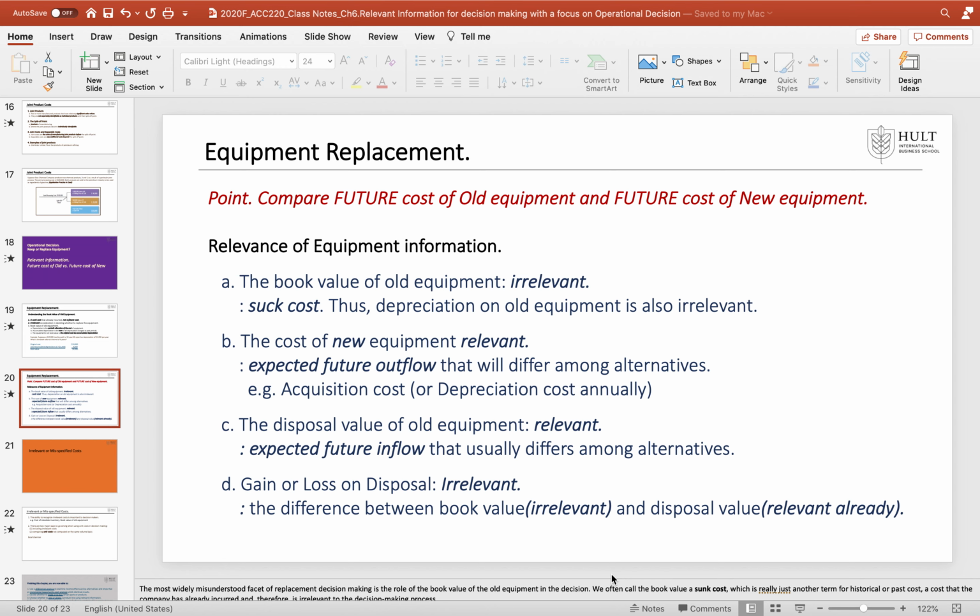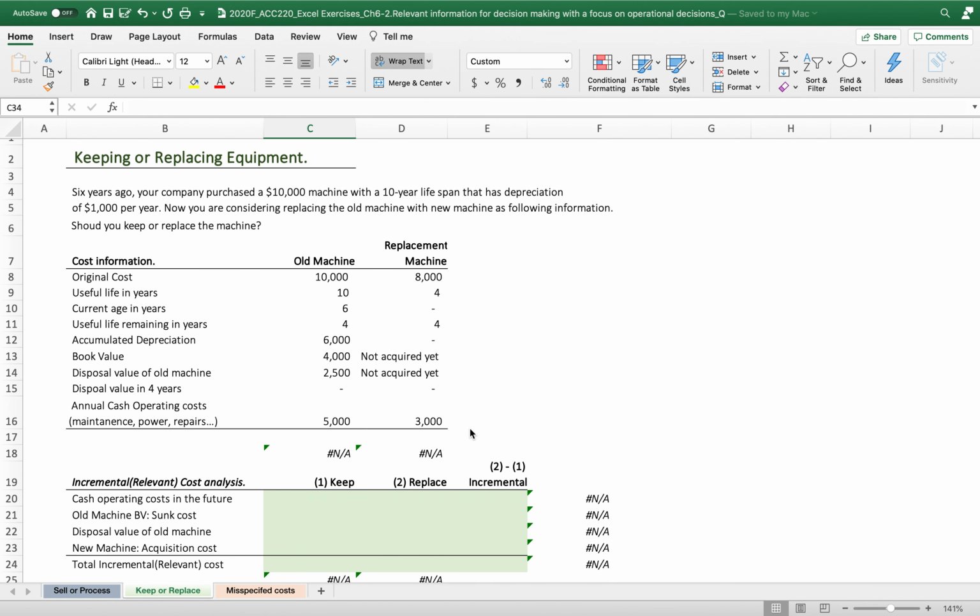And gain or loss on disposal is irrelevant because it is the difference between the book value, which is irrelevant information, and the disposal value, and we already considered the disposal value of the equipment. So the gain or loss is redundant.